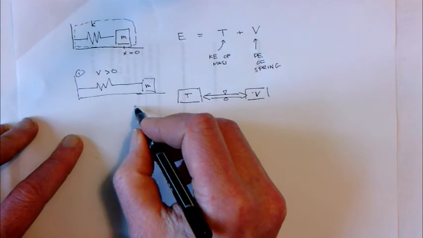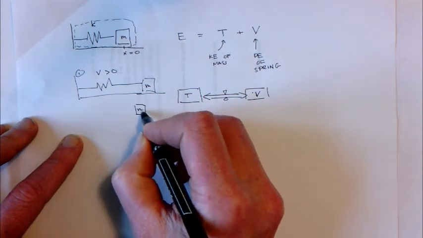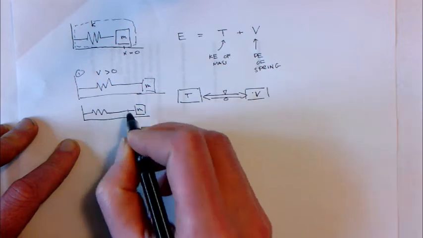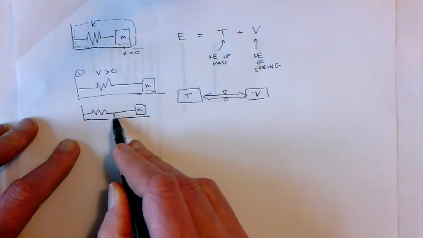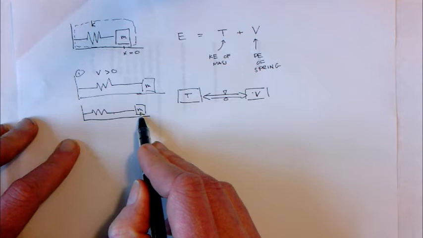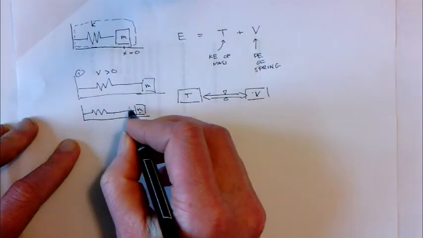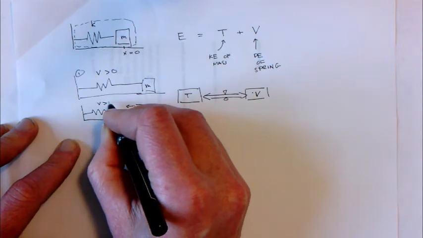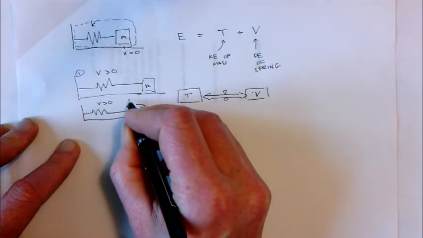As the mass begins to move to the left, some of the potential energy stored in the spring is converted to kinetic energy in the mass. So now the mass is moving some, and you still have some potential energy in the spring because the spring is still stretched.